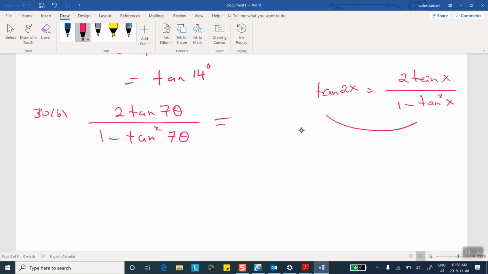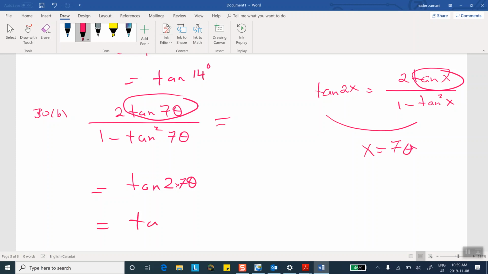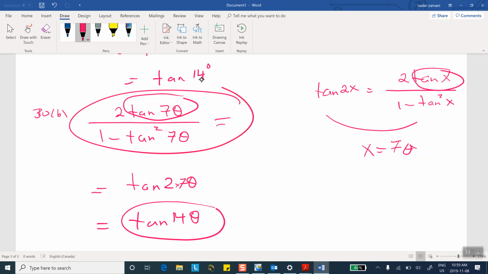And you notice that if you compare this, your x is really 7 theta. Just look right there, x is 7 theta. So this is going to be tangent of 2 times 7 theta, and this is tangent of 14 theta. So this is the same as that.